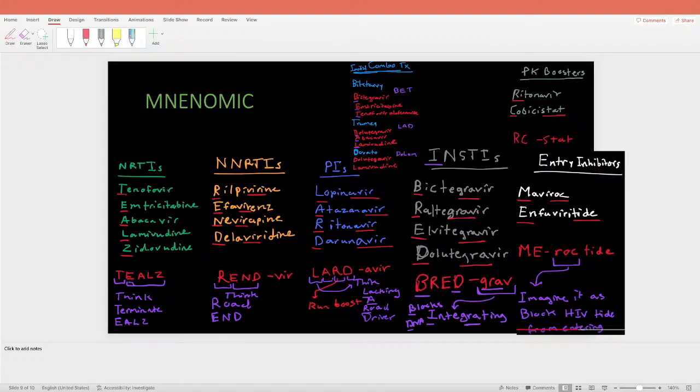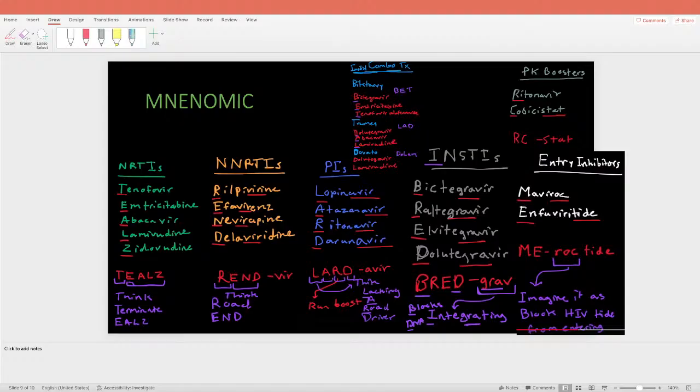If the test gives you a question on this, they're probably going to ask you what medications these combos are made up of. So I'm going to give you a quick quiz here if any of you are interested.